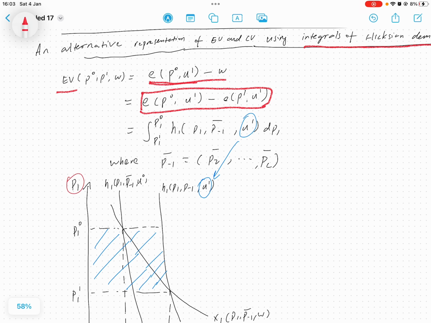In the other way around, if we take the integral of the Hicksian demand with respect to the price, then we can simply obtain the expenditures, right?